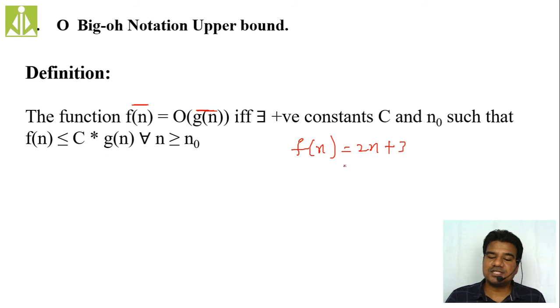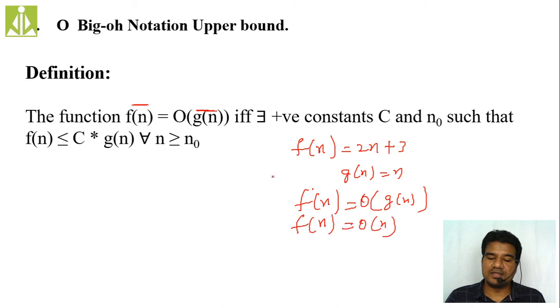We have selected a different function, g of n, as n only, and we have written f of n equals order of g of n, and in place of g of n we kept n. So f of n equals order of n. For f of n equals 2n plus 3, according to this big O notation, we got order of n.